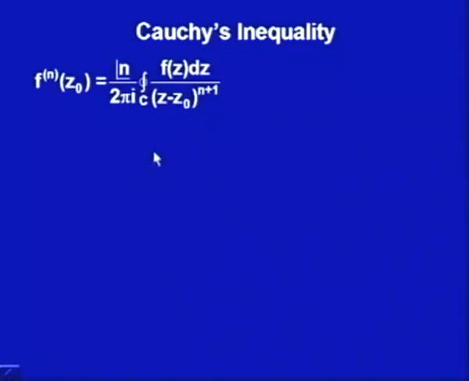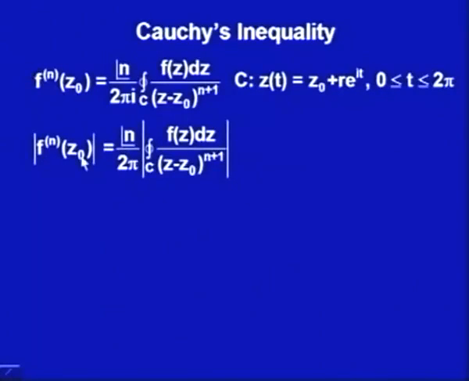Now, let us assume this C is any closed contour. Let us say this is a circle centered at z naught with radius r. So, this C is z(t) equals z naught plus r e to the power i t, where t is ranging from 0 to 2 pi. This is the parametric representation of the circle centered at z naught with radius r.